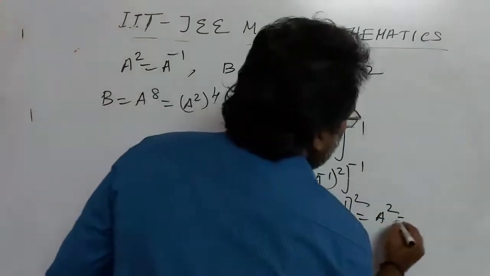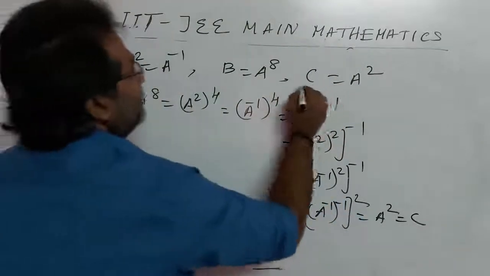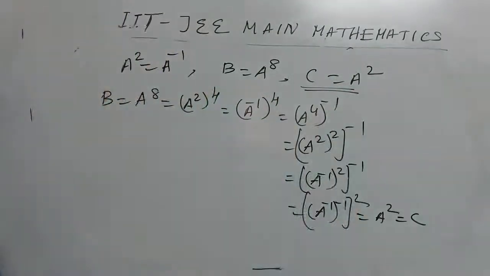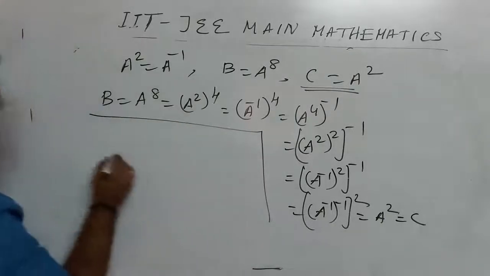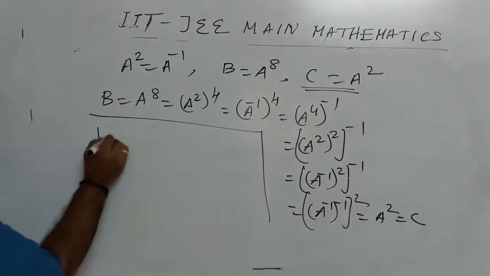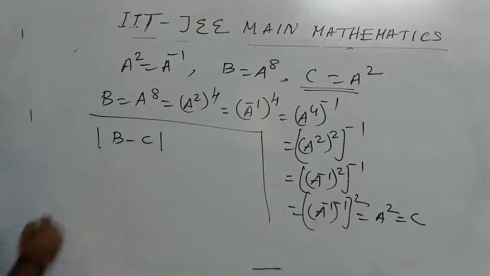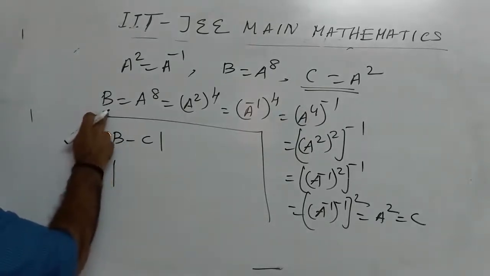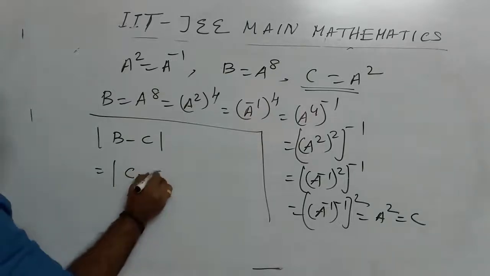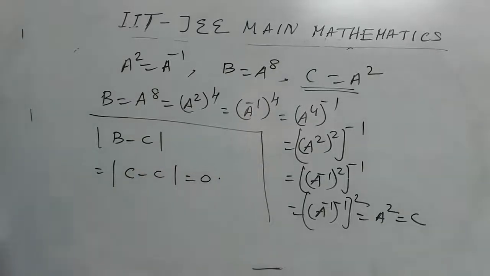But A squared equal to C. So determinant B minus C: in place of B we have C, so the answer is 0.